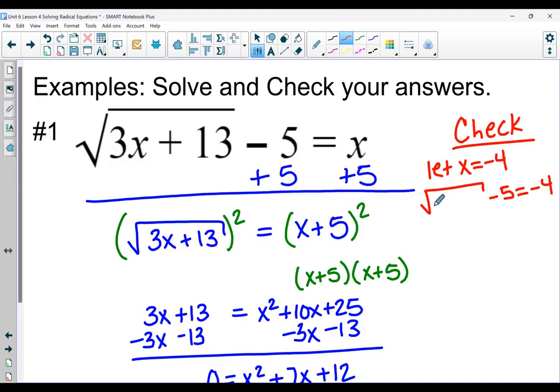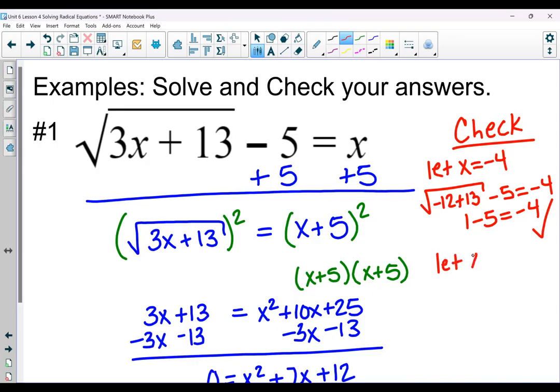So I'm going to do a little bit of math as I substitute. Get -12 plus 13 right away. Square root of 1 minus 5 is -4. Once you get to a reasonable, like, yes, that is definitely true, you can stop writing your work and decide that, yeah, we found a solution to the problem.